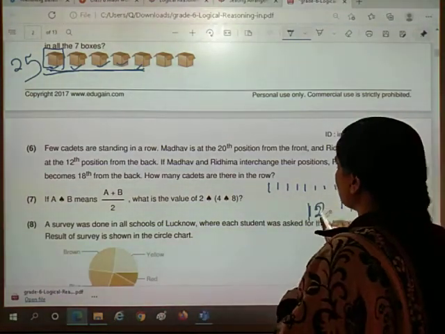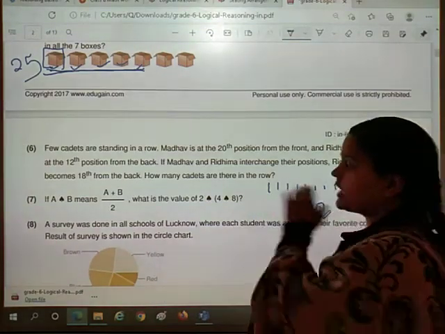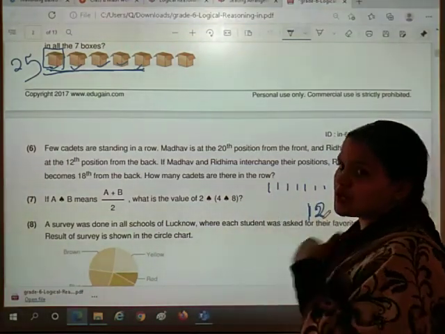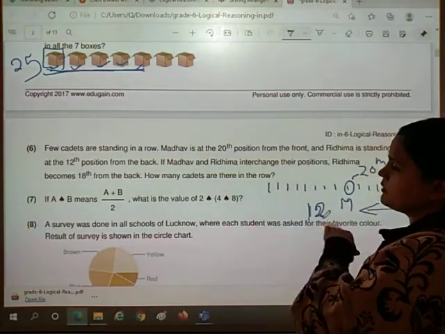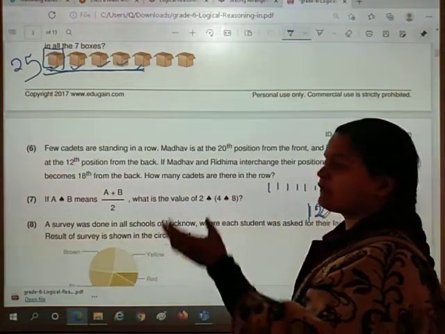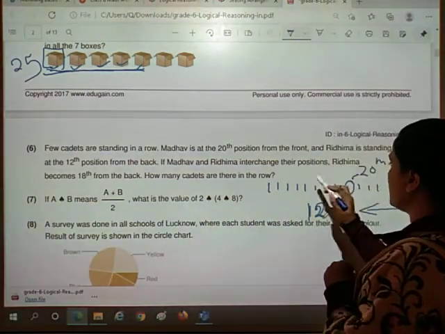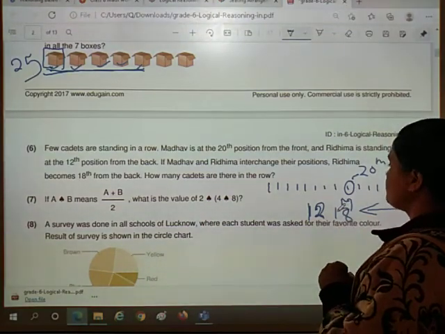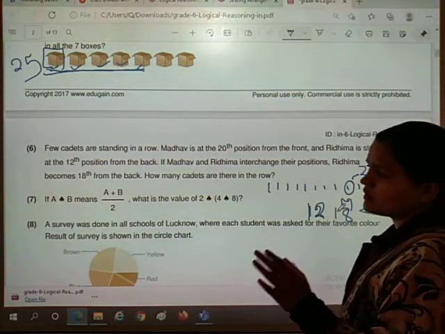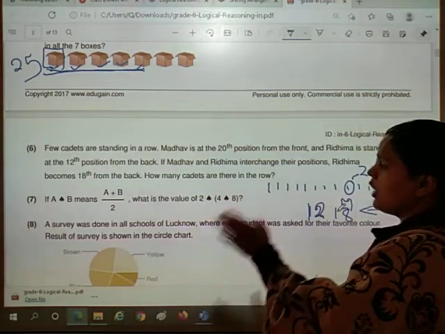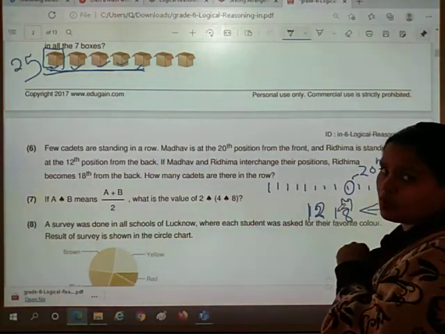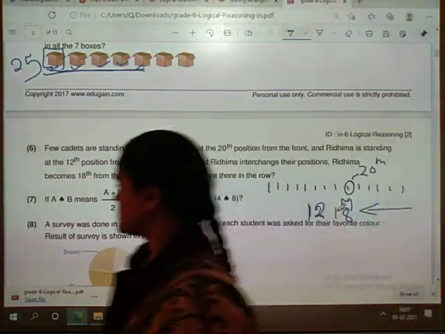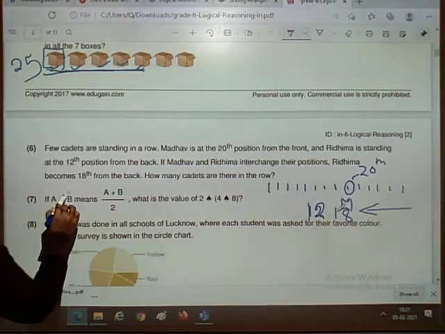She was 12th from the back, and now she is standing from the front at the point of 18. So now you have to count how many cadets are there in the row altogether.